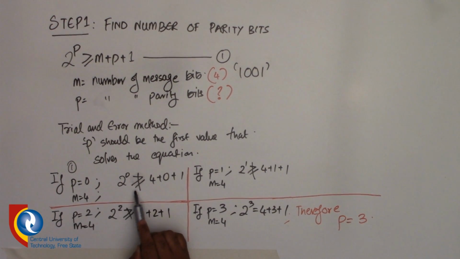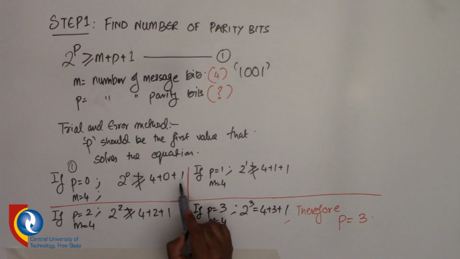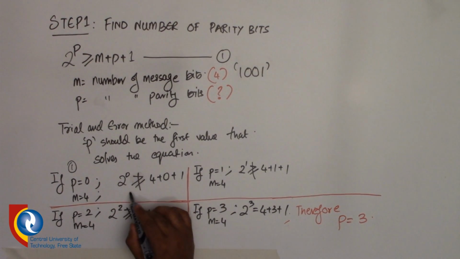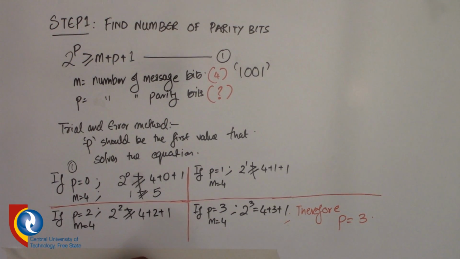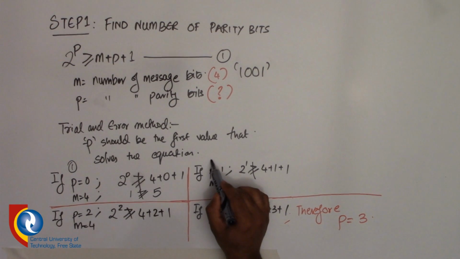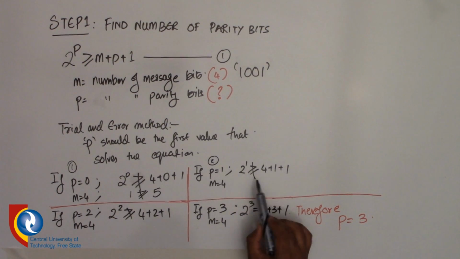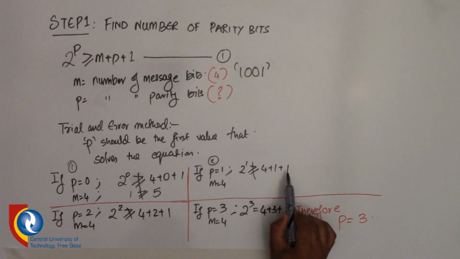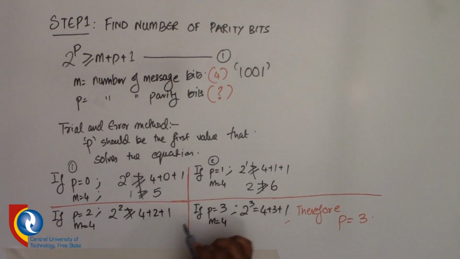When I substitute that in this equation, I get 2 to the power 0 must be greater than or equal to 4 plus 0 plus 1, which is not true because 1 is not greater than or equal to 5. Now in the second case, I substitute p equals 1 and m remains as 4, we get 2 to the power 1 must be greater than or equal to 4 plus 1 plus 1, which is again not true, as 2 is not greater than or equal to 6.